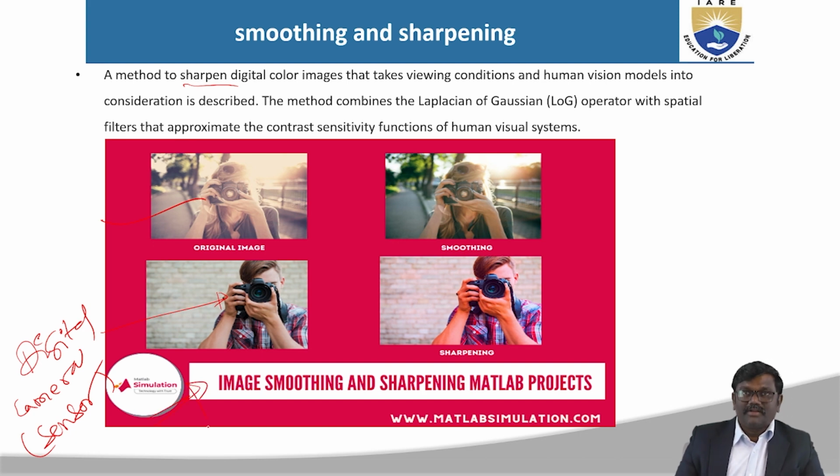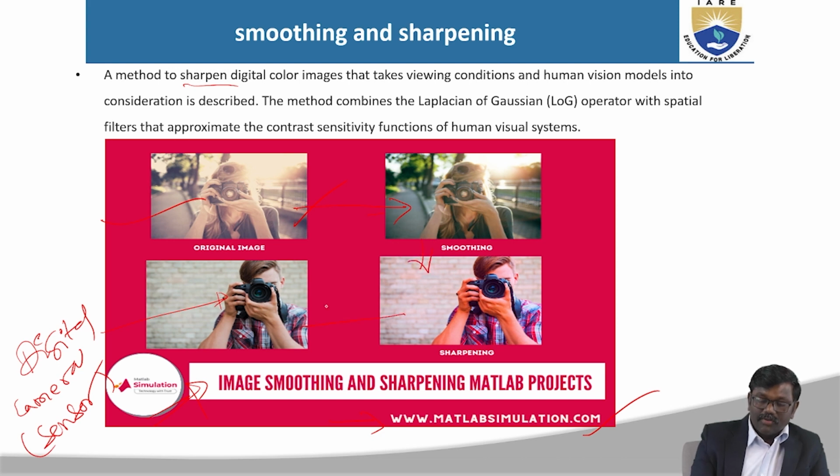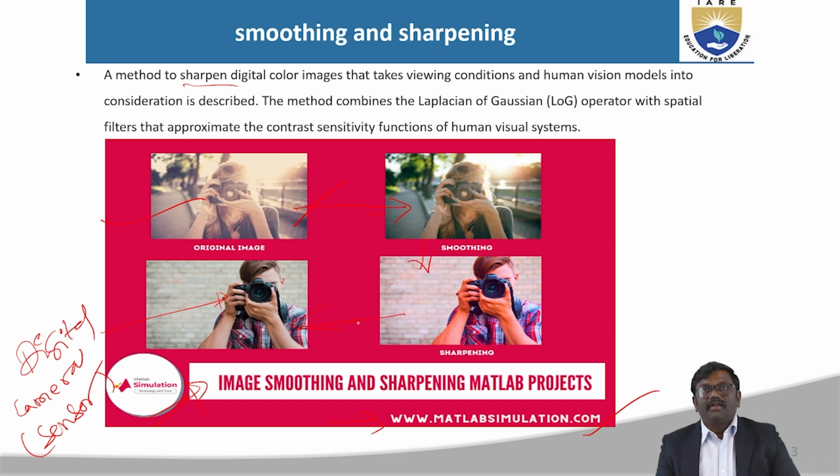This project you can also see on the internet, one of the citations I have given here, matlabsimulation.com. There we take an original image, convert it into smoothing, and convert it into sharpening, as required for your originality.